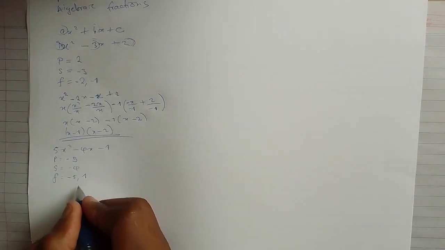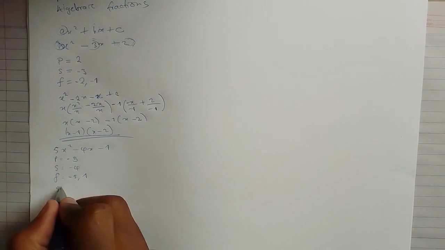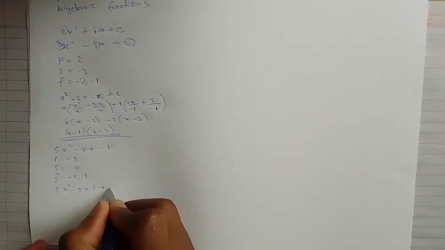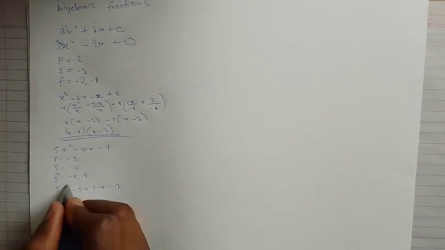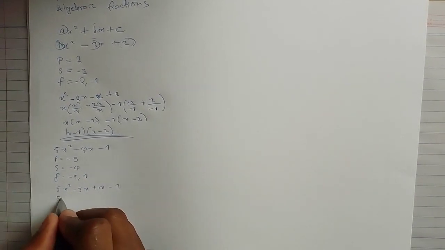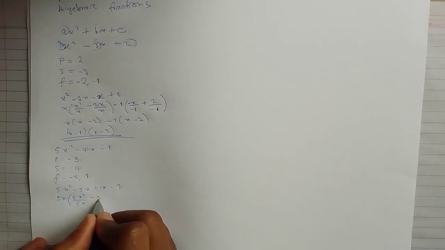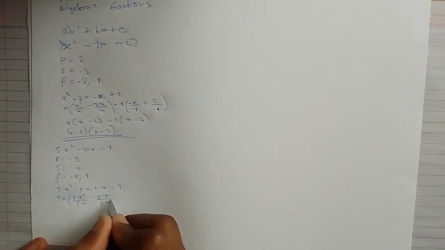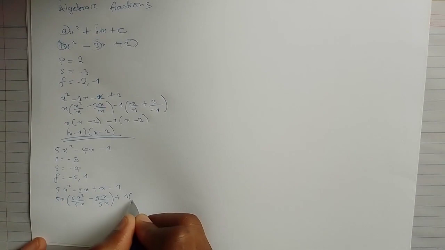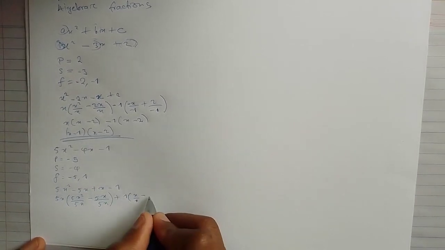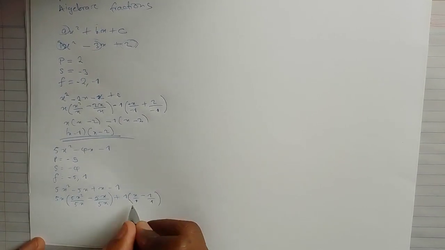This times this gives us the product, this plus this gives us the sum. Then where there is -4x, we replace it with -5x plus x minus 1. Then we factorize this, so 5x is common in the first set: 5x squared over 5x minus 5x over 5x, and 1 is common in the second.